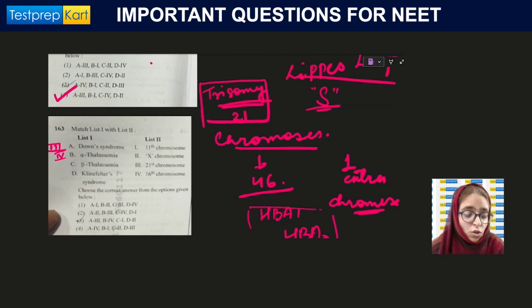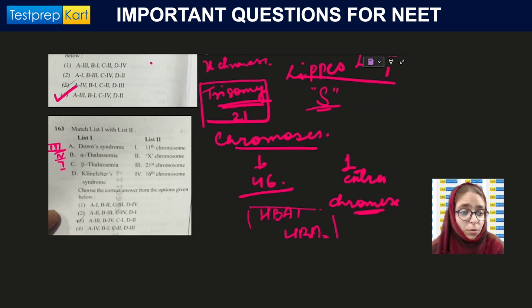Here is our first option, which is the 11th chromosome. That will be the correct one. Then we have Klinefelter's syndrome. What is this syndrome? It is a genetic condition that results when a baby boy is born with an extra copy of an X chromosome.